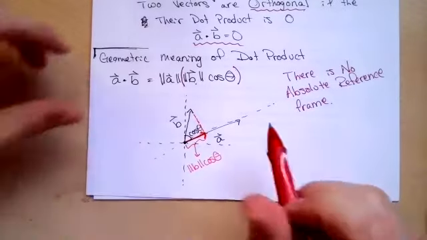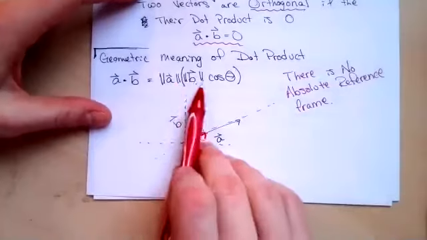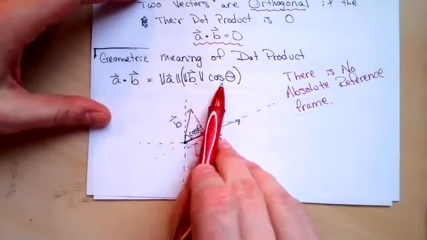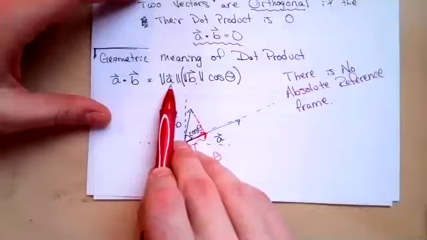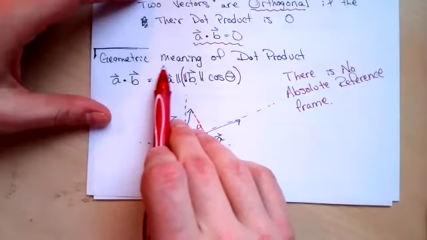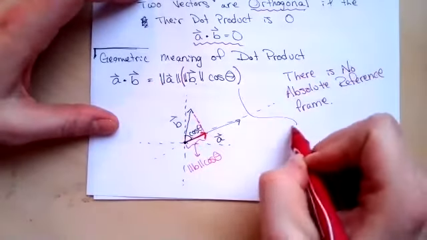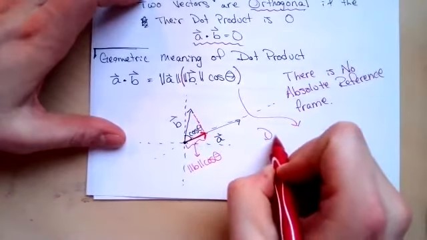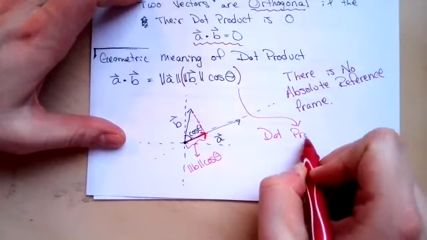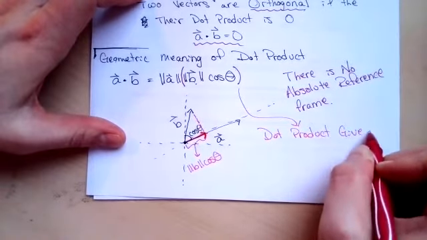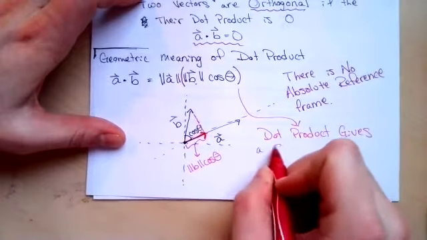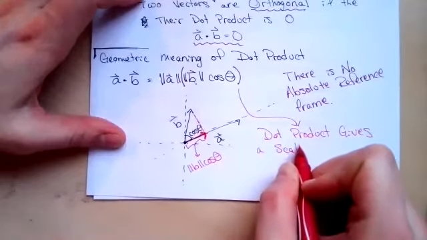So geometrically, what is the dot product giving us? Well, we're taking the component of B in the direction of A and then scaling it by the magnitude of A. So we can think of the dot product as a scaled projection.